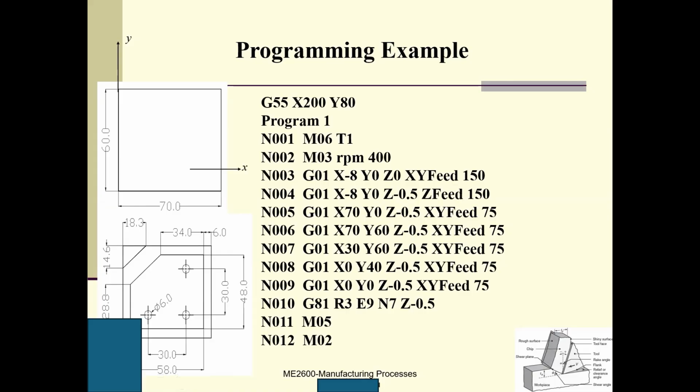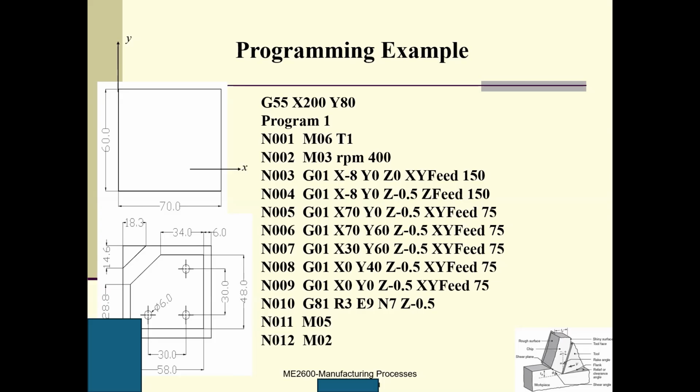What does that mean? X minus 8, Y0, Z0 is from here, right? So at the very beginning my tool is here. Then I want to make the slot here. Then my tool goes down by Z equals 45. This is the Z positive value.